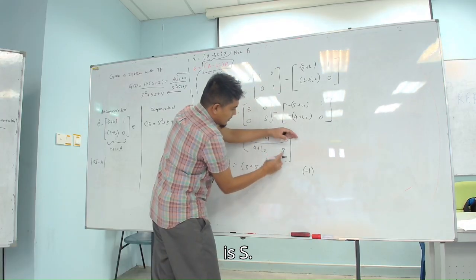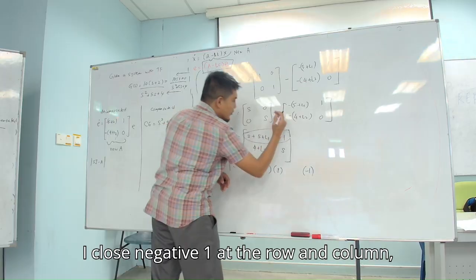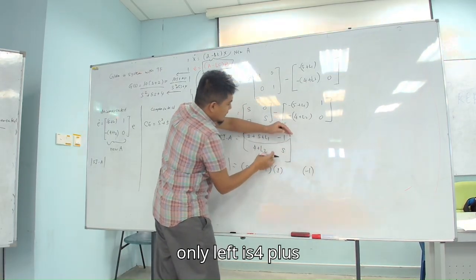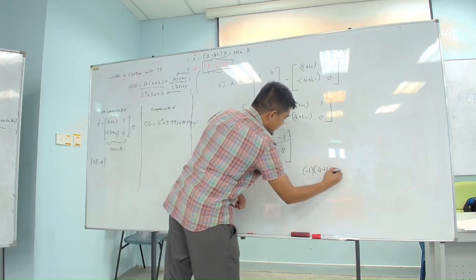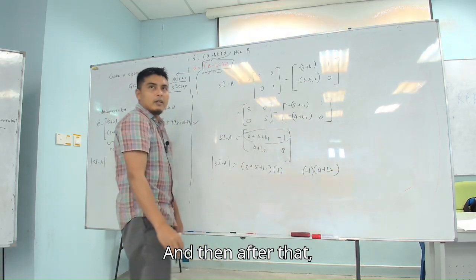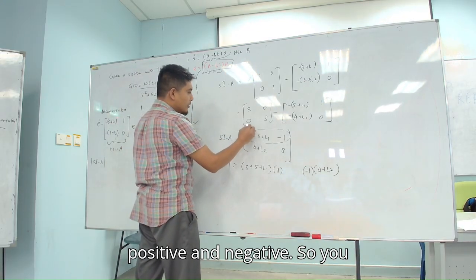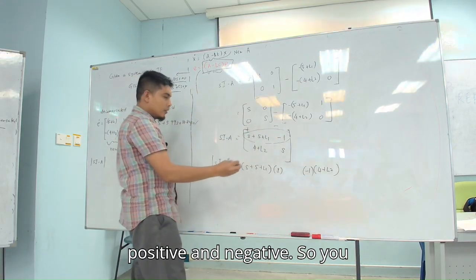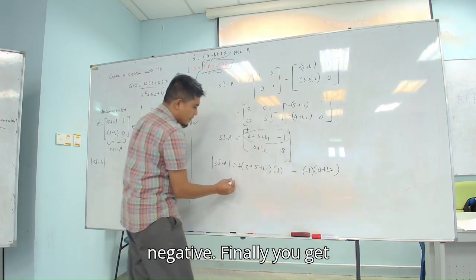The rest is S. I close negative 1 at the row and column. Only left is 4 plus L2. And then after that, remember the sign starting with positive and negative. So you just apply sign positive and negative.